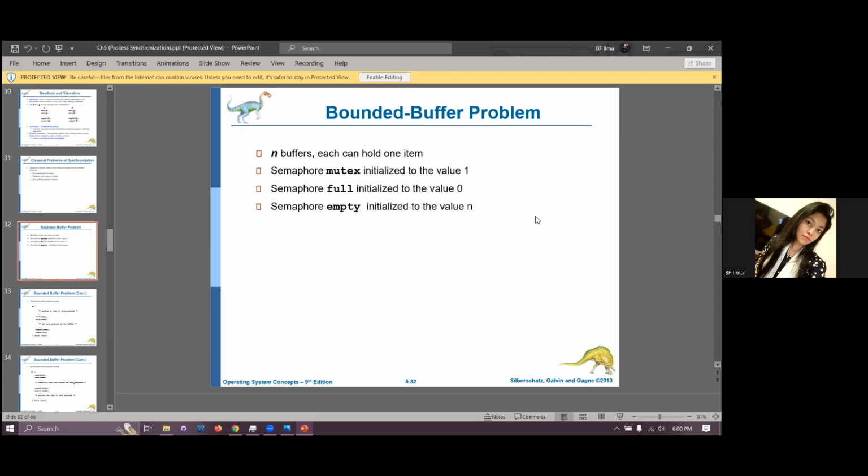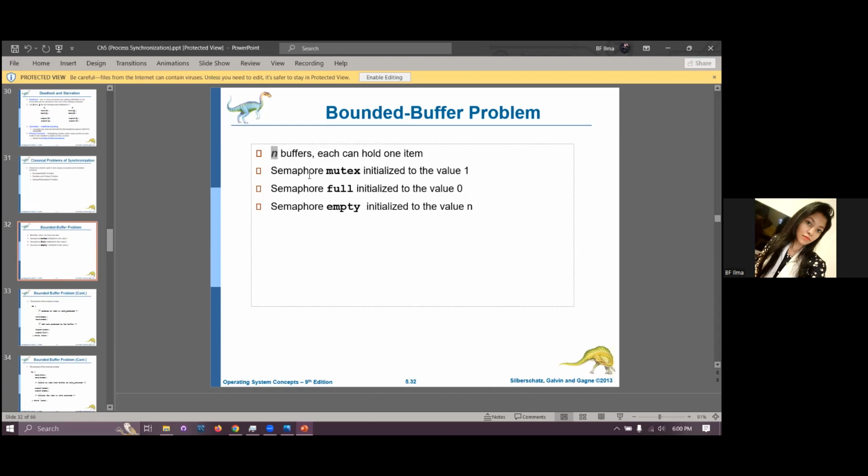So initially we have this set of semaphores that we are going to use. N means the number of buffers. So buffers are used to store the resources produced by a producer process. The producer process produces resources, and then a consumer process will consume them. N is used to denote the number of buffers available to hold the resources.